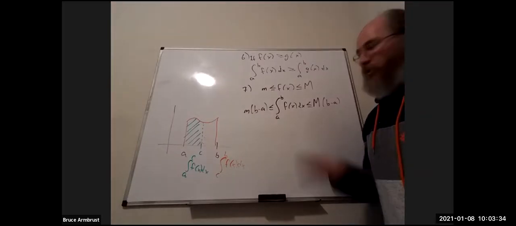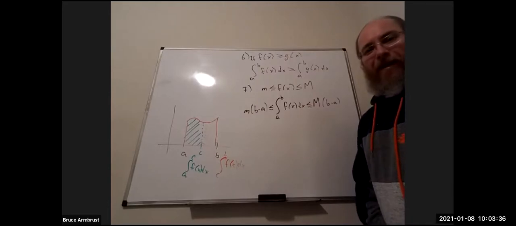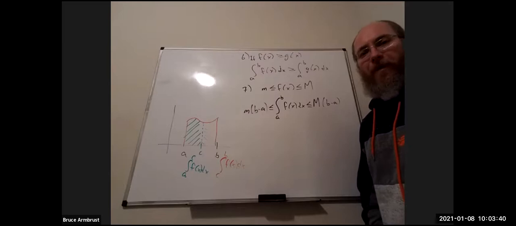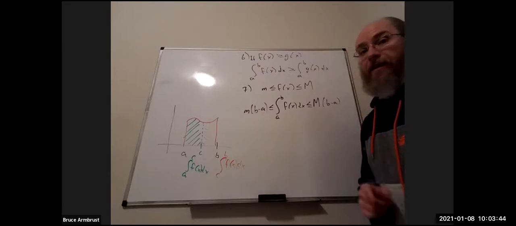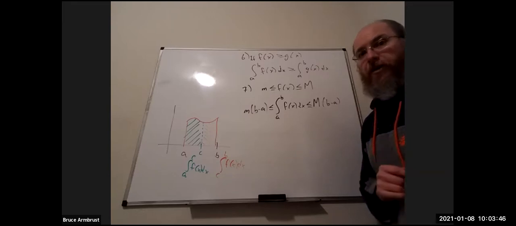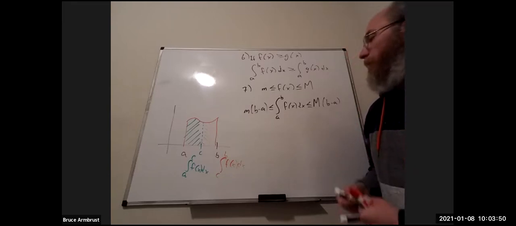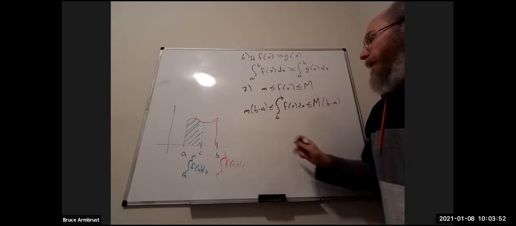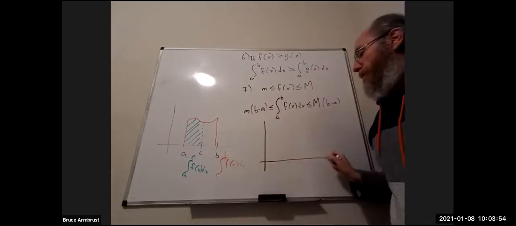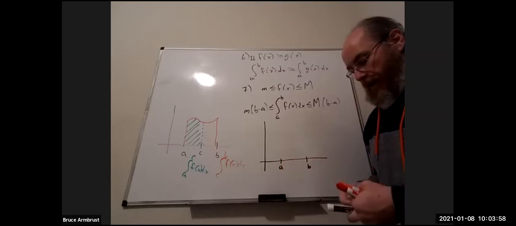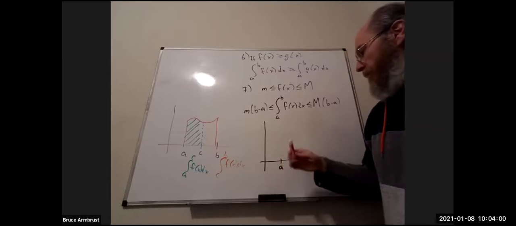Now this one, just looking at it, may not make sense. You might go, where's the b minus a coming from and all that? But if you look at it graphically, we draw a picture, it's going to make total sense. So let me draw a picture here of a function that's bounded. Here's a, here's b, and here is our function.